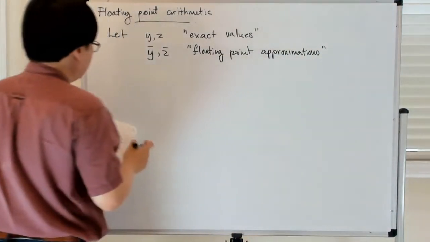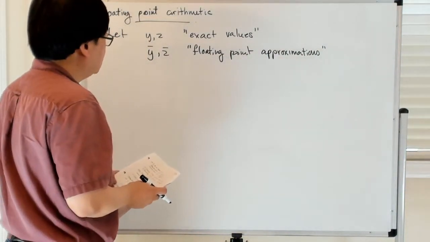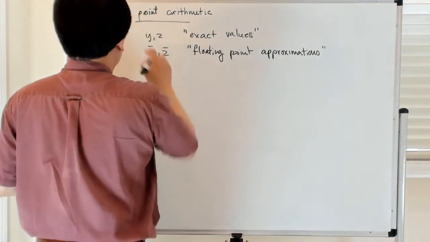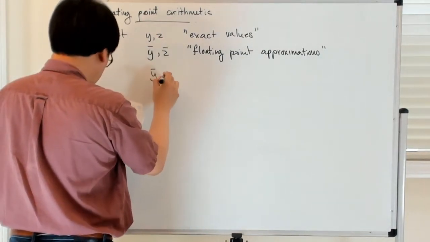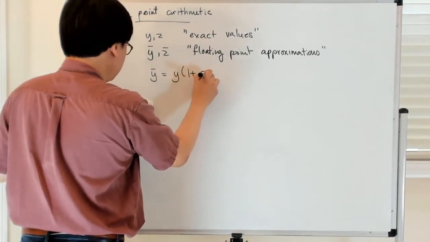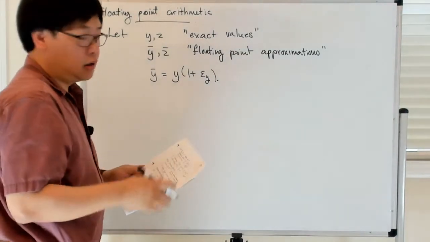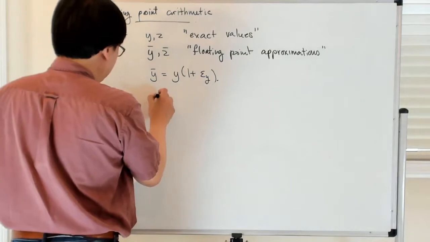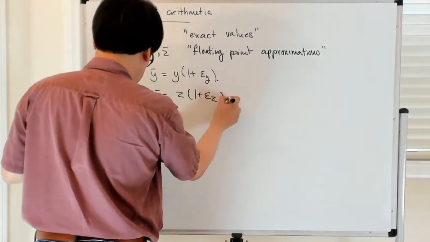By definition, as we've discussed, with the notion of machine precision, y bar is y(1 + epsilon y), so that means more or less that it has a relative error of epsilon y, and z bar is z(1 + epsilon z).